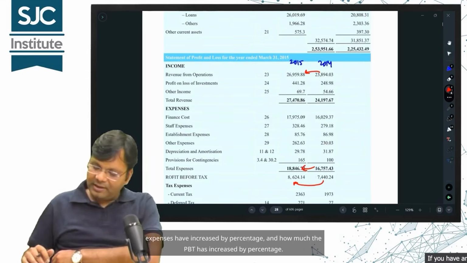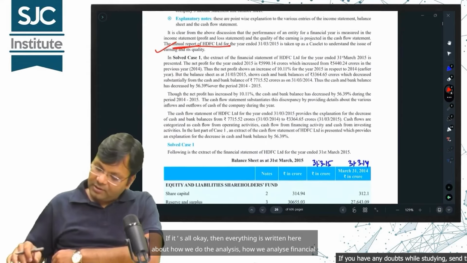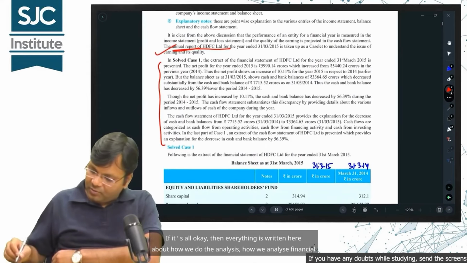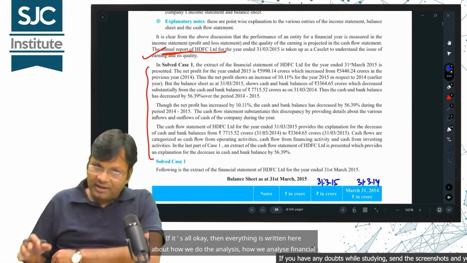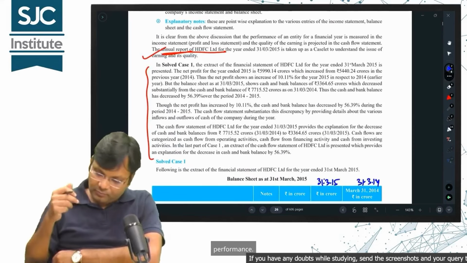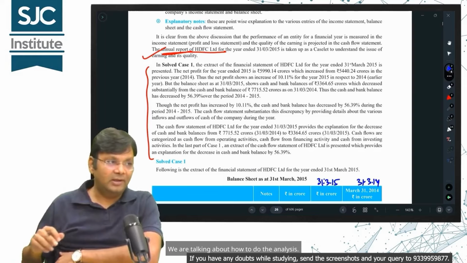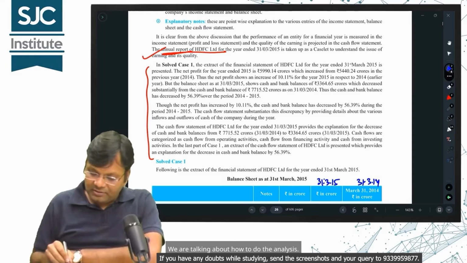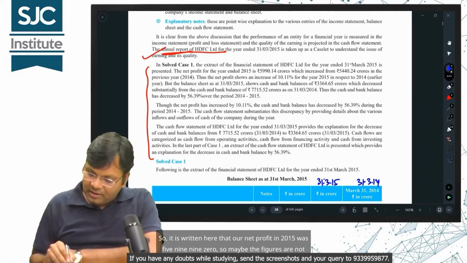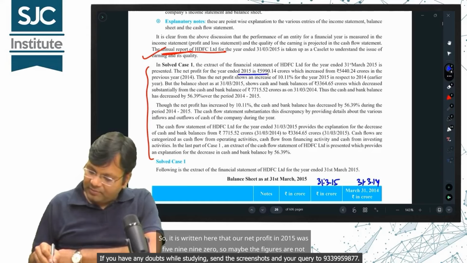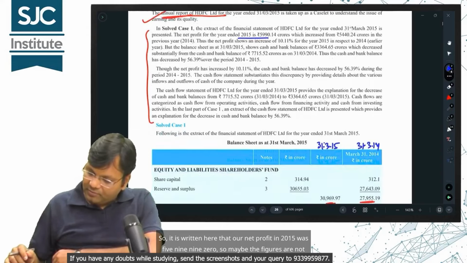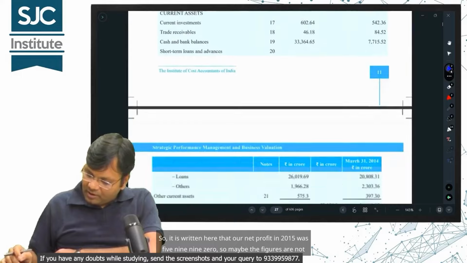Understood? If it's all okay, then everything is written here about how we analyze financial performance. We are not just looking at the raw performance. We are talking about how to do the analysis. So, it is written here that the net profit in 2015 was 5990, though maybe the figures are not fully shown here.